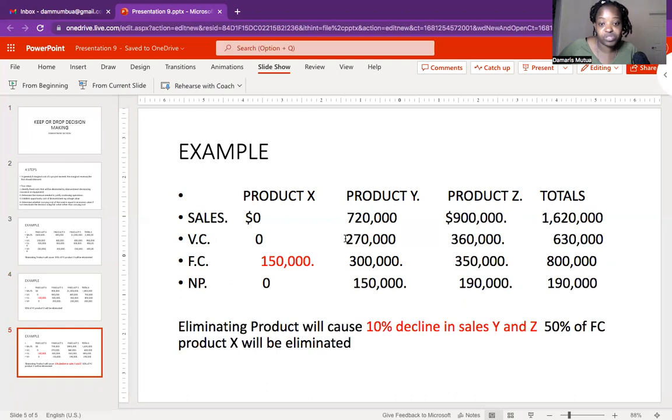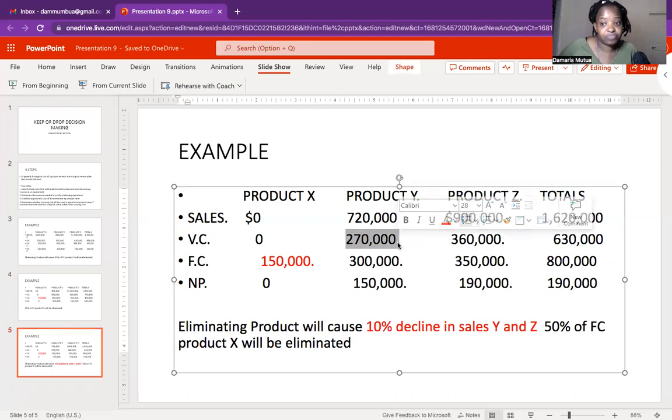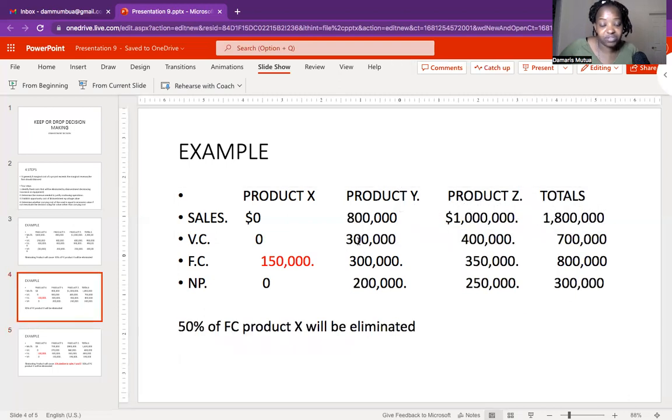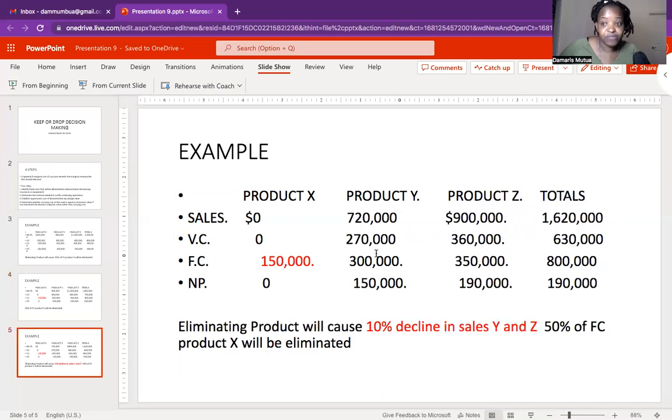So variable cost will also go down by 10%. So 90% of 300,000, that comes to 270,000. Fixed costs are going to remain the same for product Y. So our net profit for product Y is 150.